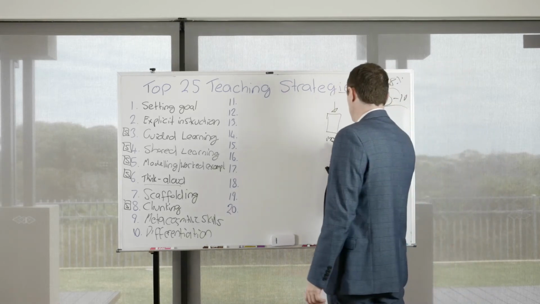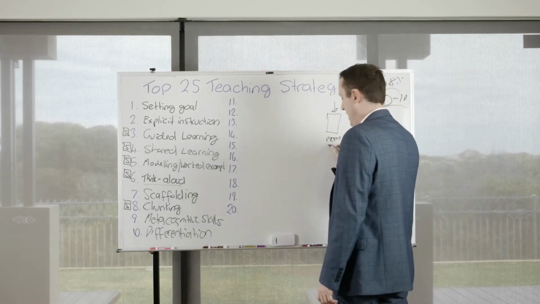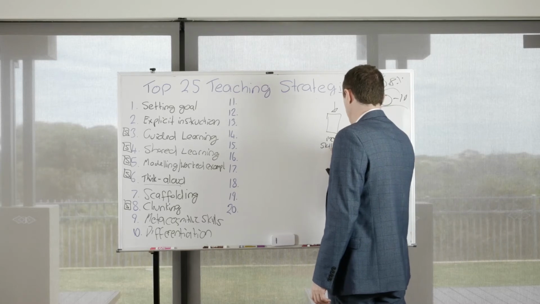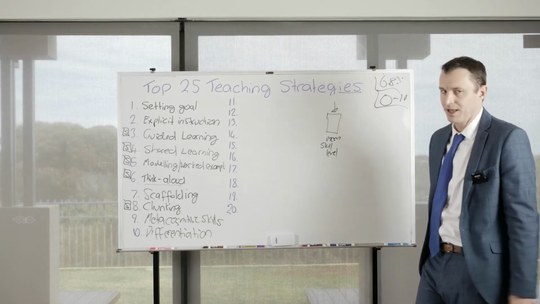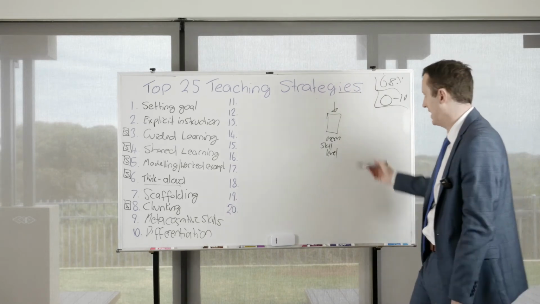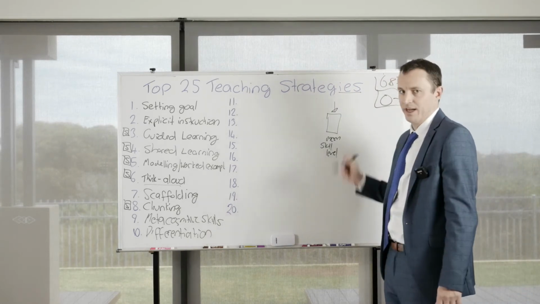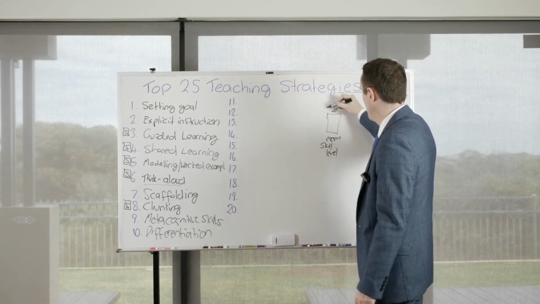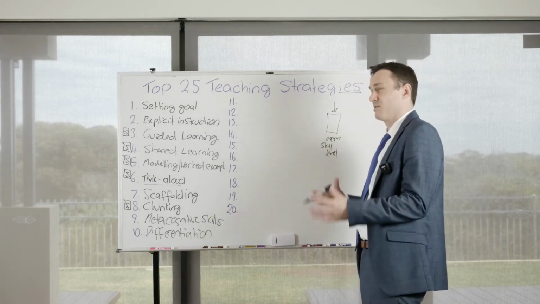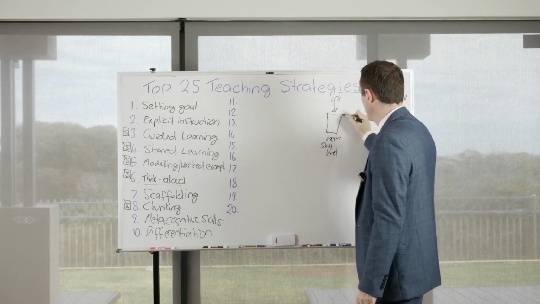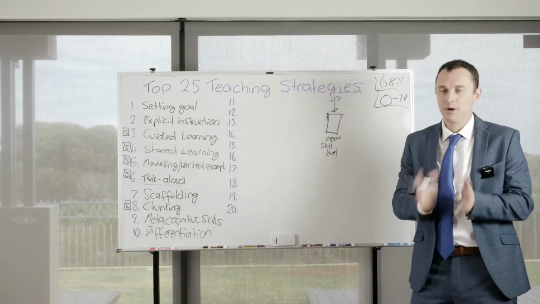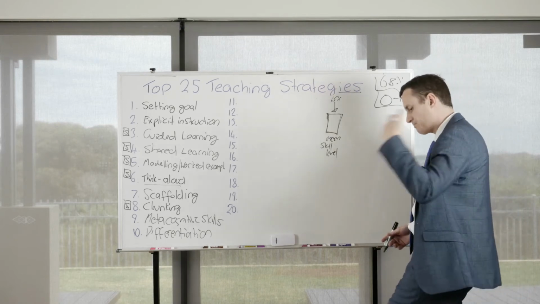So the average skill level for this particular thing. It's aimed at the mean skill level of the class, or the average skill level of the class. One standard deviation, I guess you could say. About 65% of students will fall into that lesson plan quite neatly, quite easily.